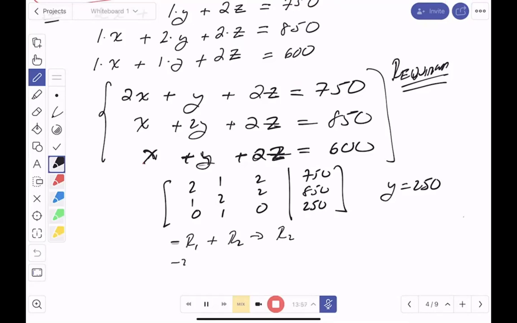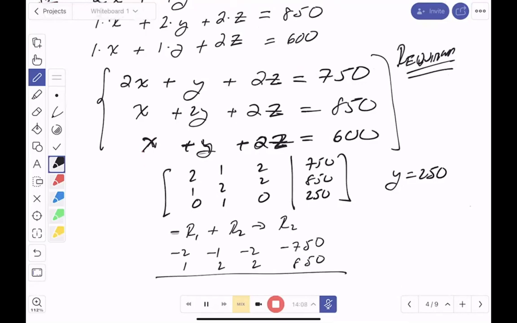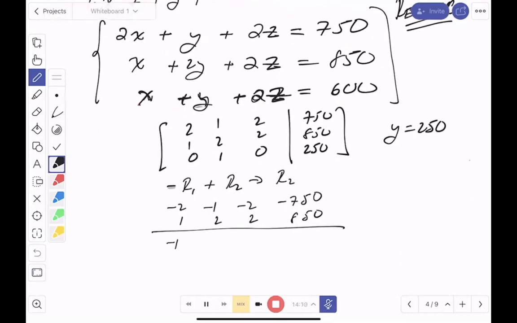Let's write this down. Minus 2, minus 1, minus 2, minus 750. And 1, 2, 2, 850. This will give me minus 1, 1, 0, and 100.